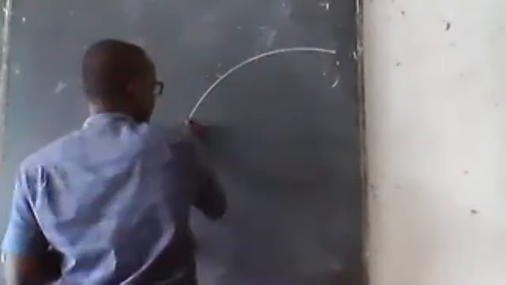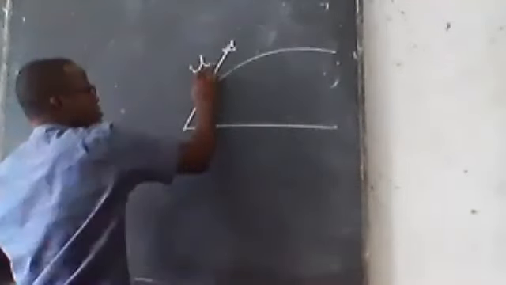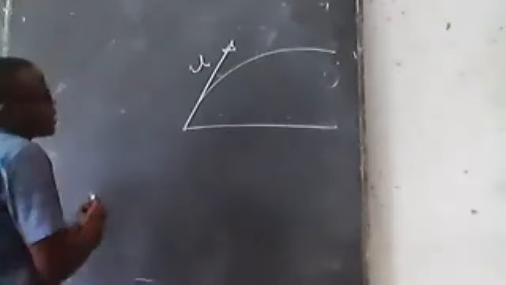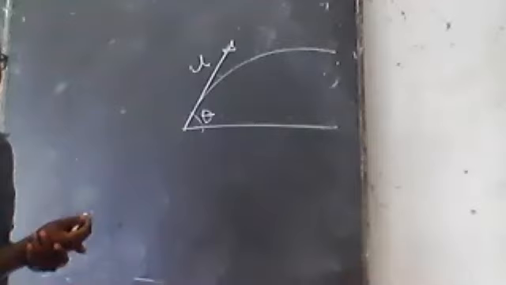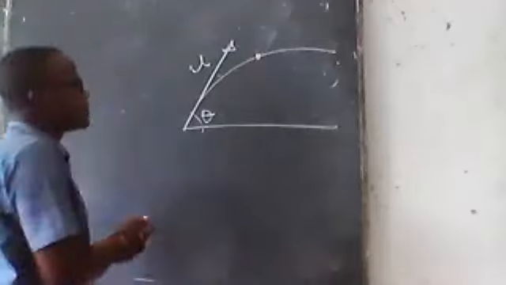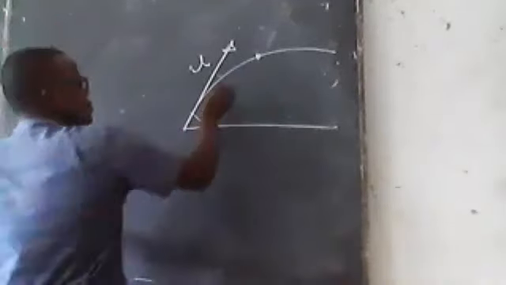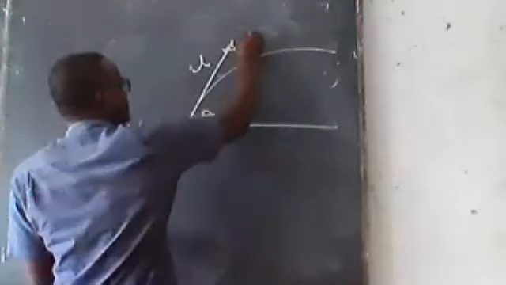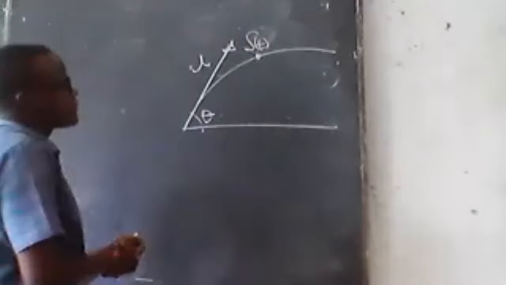The other time we learned that if I throw a body in air with the speed u at an angle theta, I can easily determine the position of the body at any given time t. I can call it s as a function of t. I can also find the velocity of the body at any given time t.